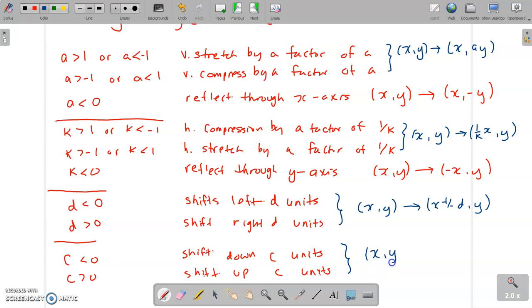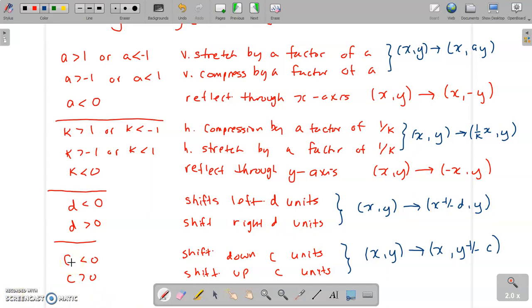So there we've got x, y would transform to x, y plus or minus c. So you can see here the a value and the c value affect y, and the k value and the d value affect x.